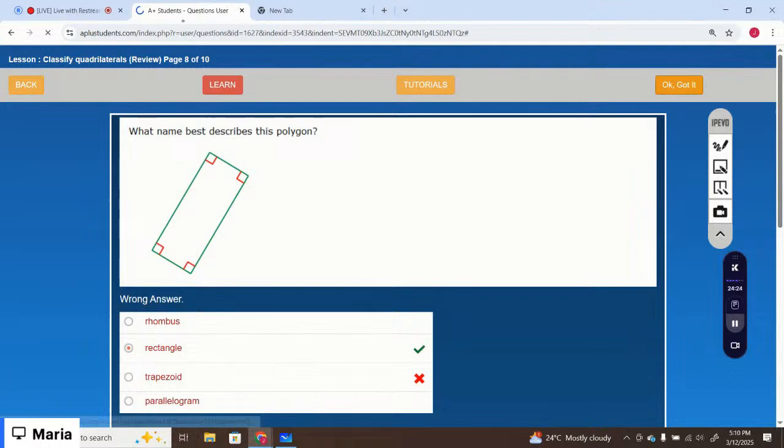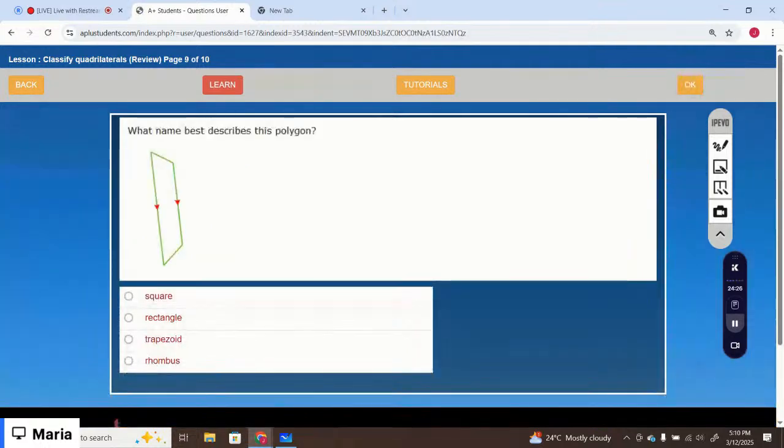That is rectangle. What name best describes this polygon?